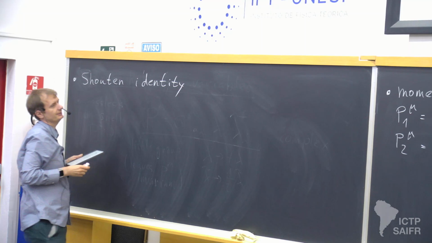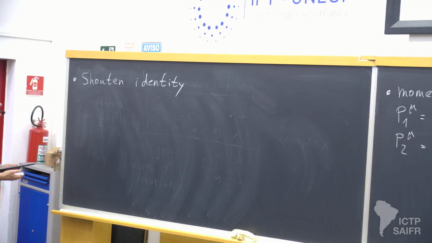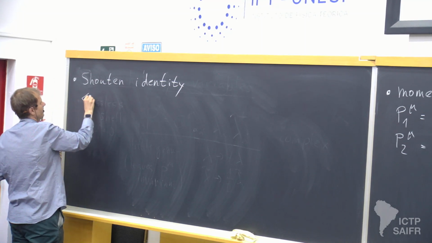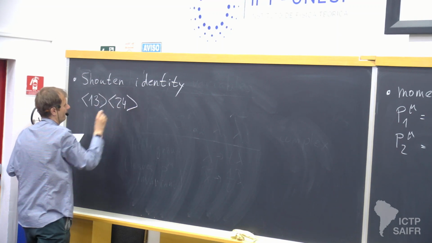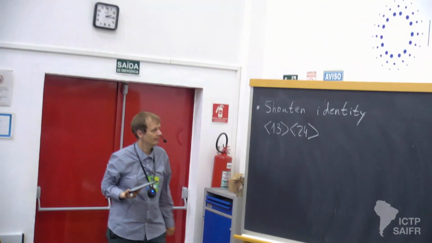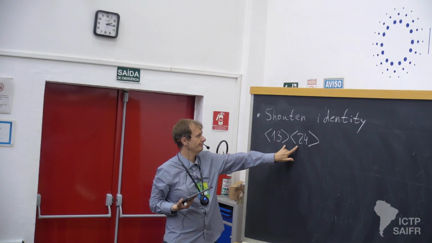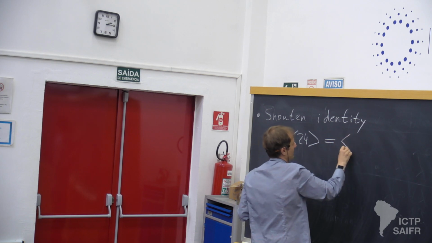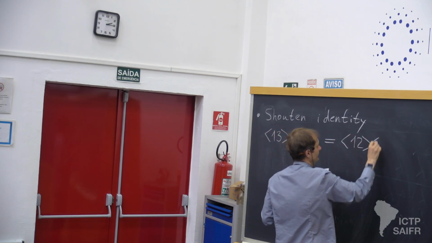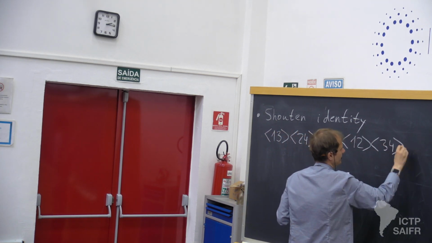Mathematically, it's just a trivial statement about these epsilon tensors. So if we have angle bracket 1, 3, and 2, 4, and we take a product of these two, we can rewrite it as a sum of 2 things with reshuffled labels.